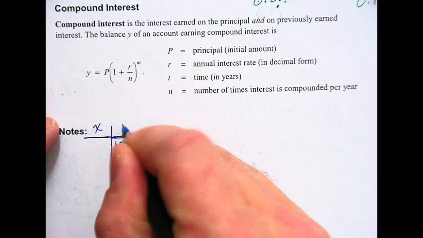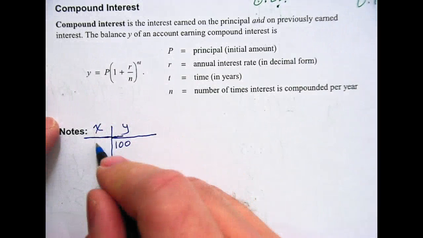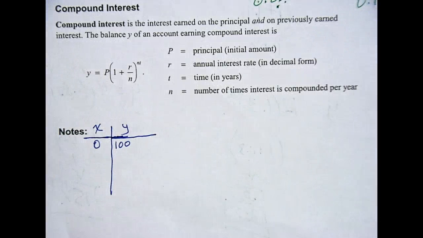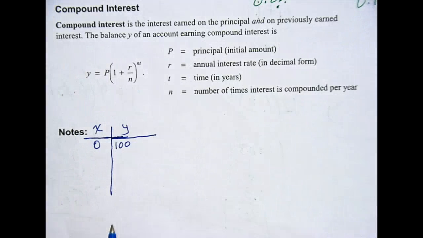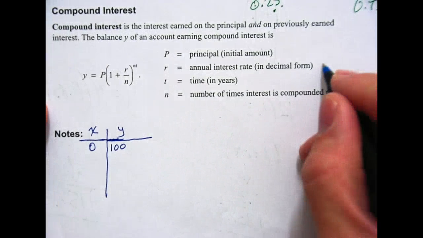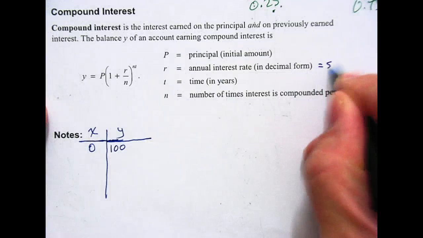So if this is X, this is Y. Our initial amount, when X is 0, is $100. Each compounding period, you're going to earn a percent on that. So let's say each compounding period we earn 5%. We're getting 5% compound interest. That's our rate. So in our example, our rate is going to be 5%.